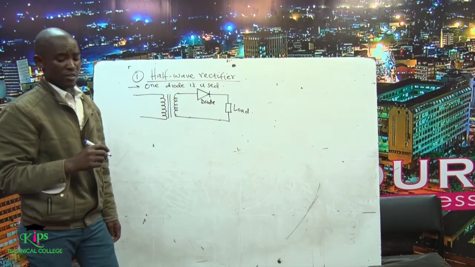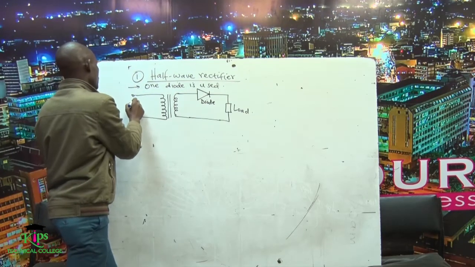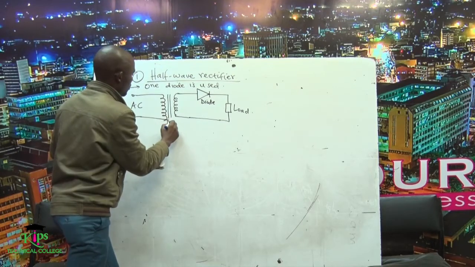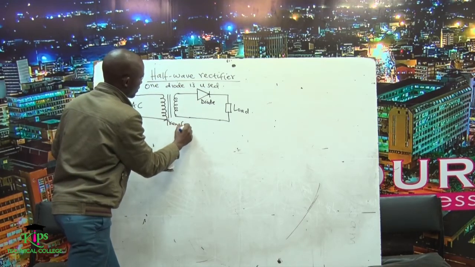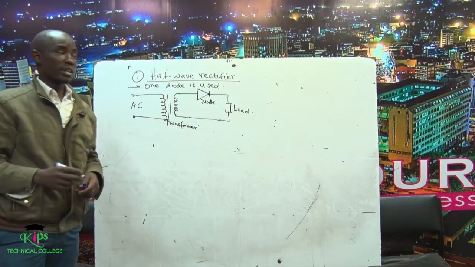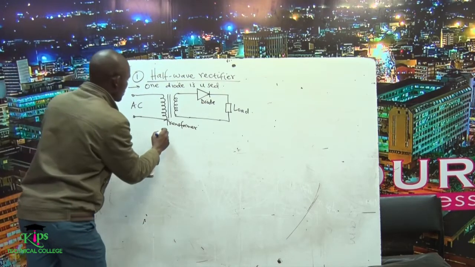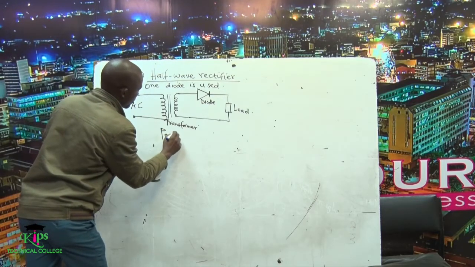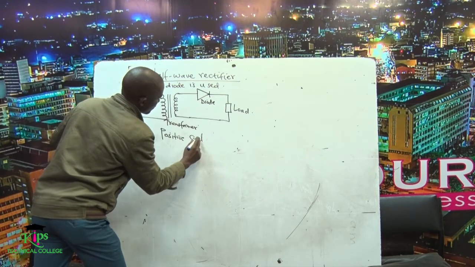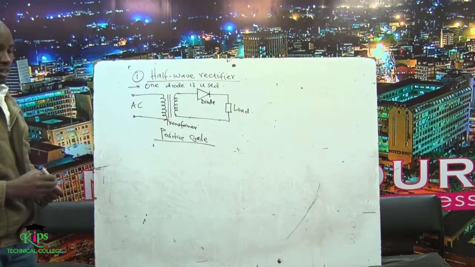For purposes of explanation, this is our AC mains, which is coming. This is the transformer. Whenever you are explaining half-wave rectification, you need to talk about what happens during the positive cycle, and later on you will talk about the negative cycle.